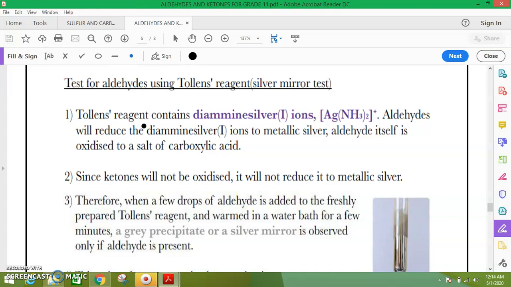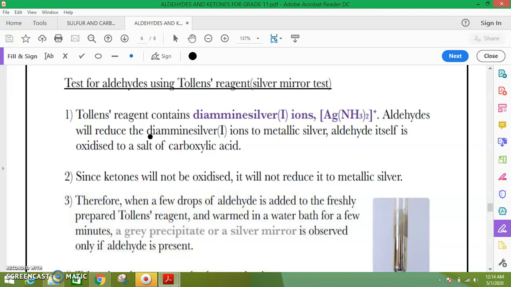Tollens reagent contains diamminesilver(I) ions, Ag(NH3)2+, diammine referring to the ammonia, and when we write names, we write ammine.